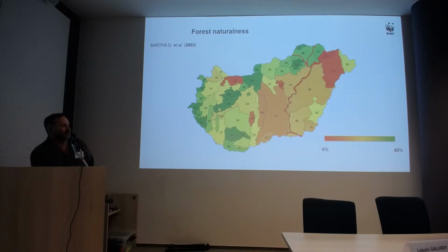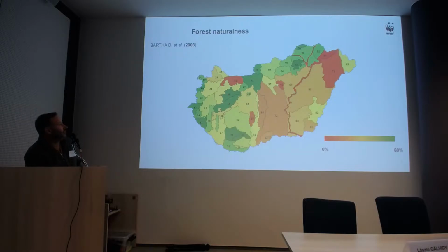So you can see that Hungary has this two-phase phenomenon: the lowlands, the Great Plain, and the Small Plain also consist of a lot of artificial forests. Those are either poplar plantations, robinia plantations, and pine plantations, which you can see in green.